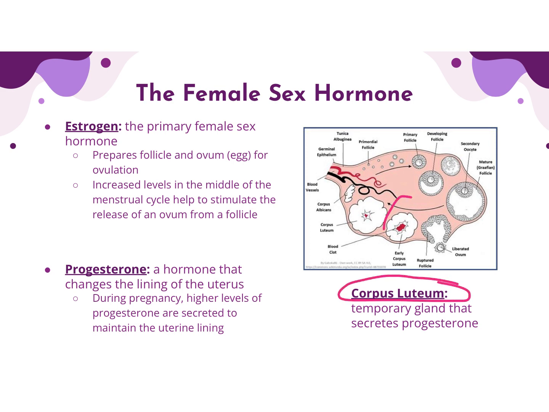So this yellow-bodied temporary gland appears after ovulation because that is what the follicle turns into after the egg is released from it. Progesterone will gradually increase after ovulation to prepare the uterus for a potential fertilized egg. Now, if somebody were pregnant, we would see higher levels of progesterone secreted throughout the pregnancy because the uterus is trying to maintain that uterine lining or endometrium.